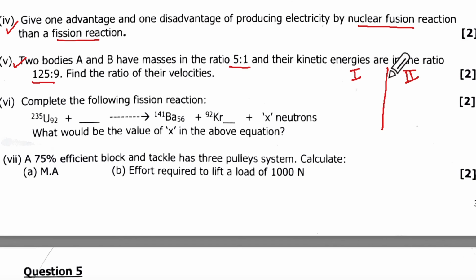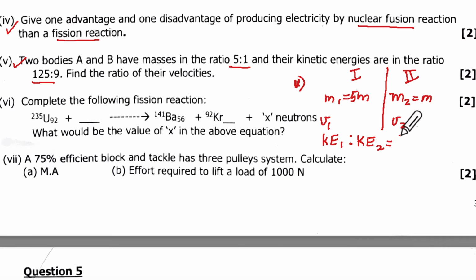You will always make two columns, and the two columns will have M1 equal to 5M and M2 equal to M, V1 and V2, and here you'll say KE1 is to KE2 is equal to 125 is to 9. What is the formula for kinetic energy?